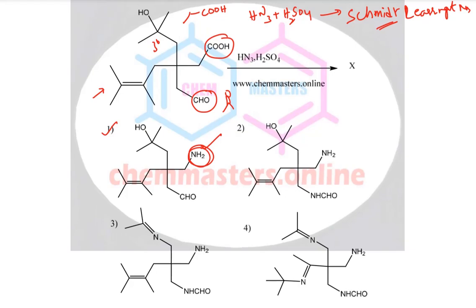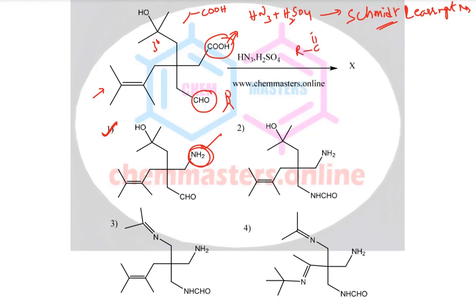It is surprising for most of the aspirants watching this video, because most of them just know that only the carboxylic acid functional group reacts here. And when I posted this problem on social media, most of them gave the first option as the correct answer. It's wrong.